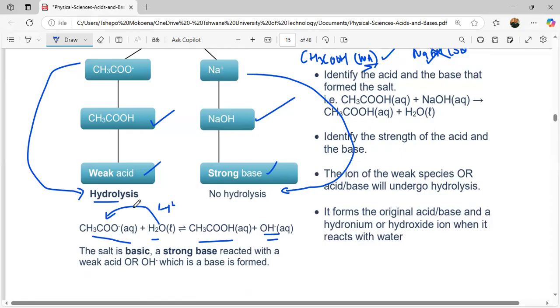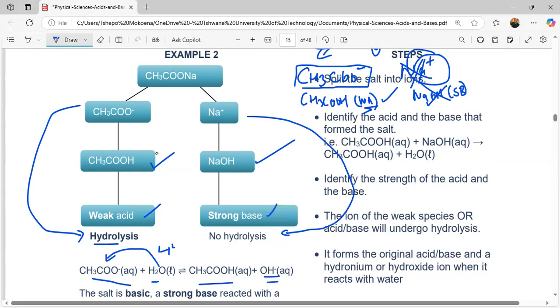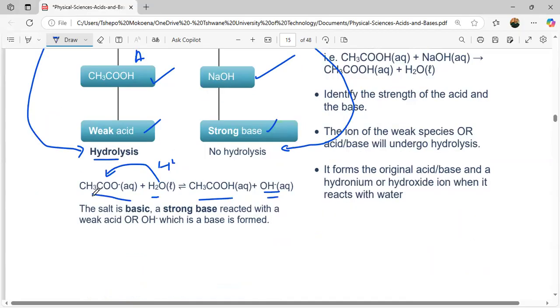Remember, this is the acid, therefore this will be the conjugate base. If this is a base, it will accept the proton from water. That's why here it has to accept the proton from water, and water will behave as an acid.